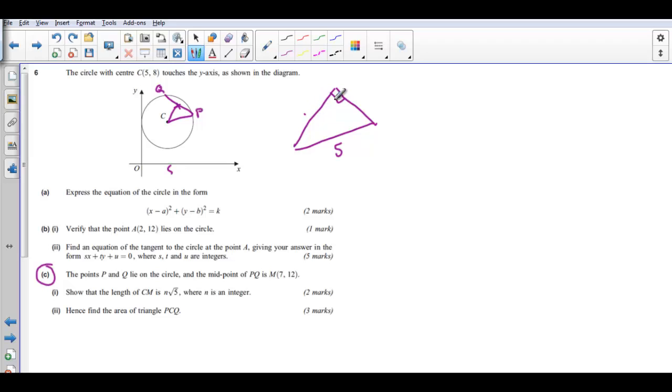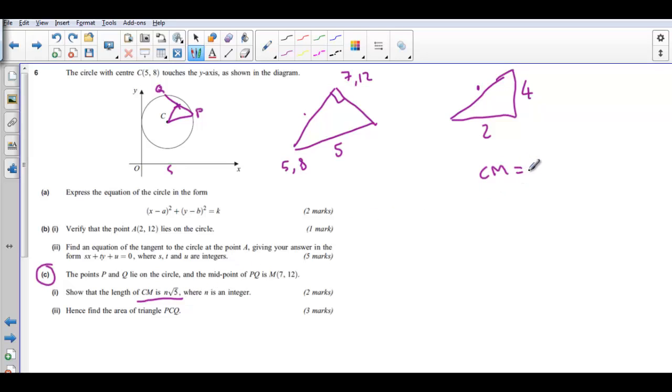I wonder what that distance there is. Well, we can work it out, can't we? Because we know that the coordinate here is 5, 8, and the coordinate here is 7, 12. So we can do Pythagoras on that line. Difference in the x coordinates between 5 and 7 is 2. Difference in the y coordinates, 8 to 12, is 4. So the length of C to M, show that the length of C to M is something root 5.